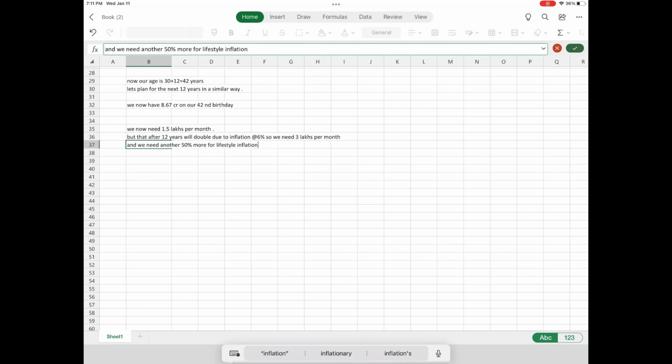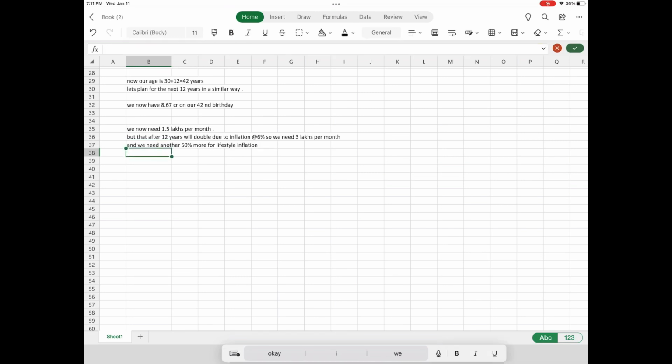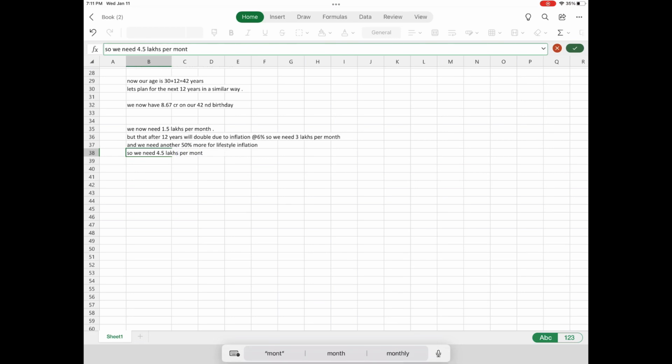That's why I am putting another additional 50% more. That is called lifestyle inflation. Now if I take the lifestyle inflation, that's going to give me 1.5 into 2 plus another 50%, so 4.5 lakhs. Now we need 4.5 lakhs per month to maintain our slightly increased lifestyle.